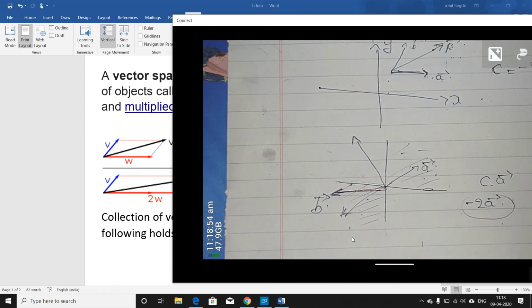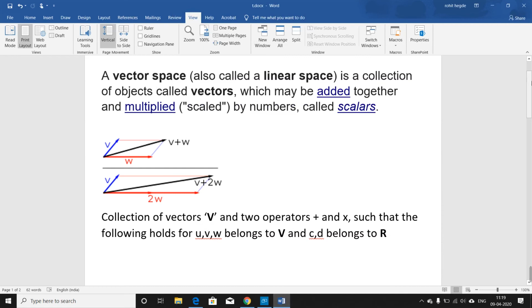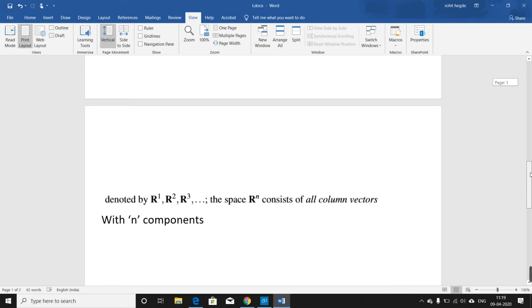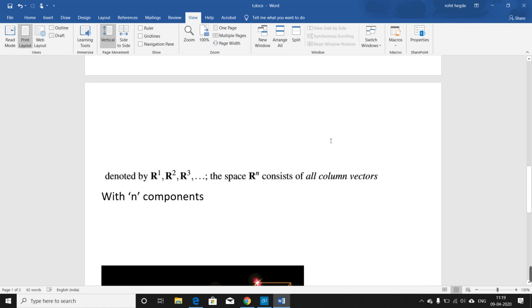If it satisfies vector addition and scalar multiplication, we call that a vector space. We should remember that it should satisfy the 10 axioms. These vector spaces are usually represented by R1, R2, R3, up to Rn, where n means n components.